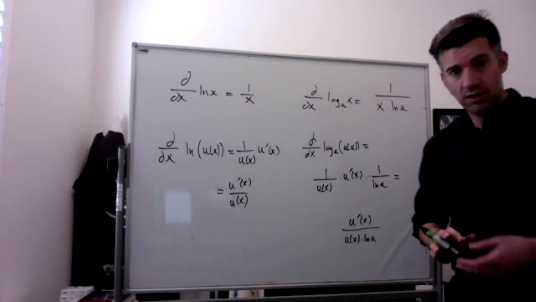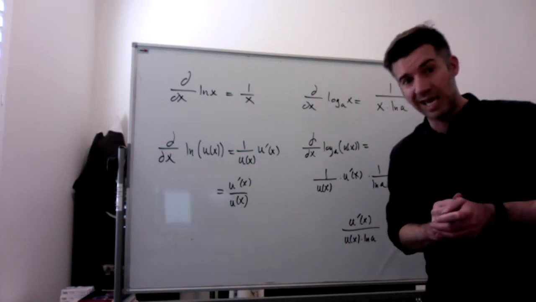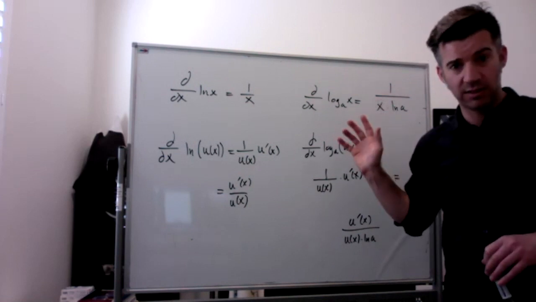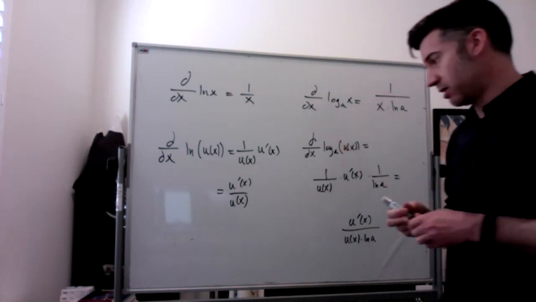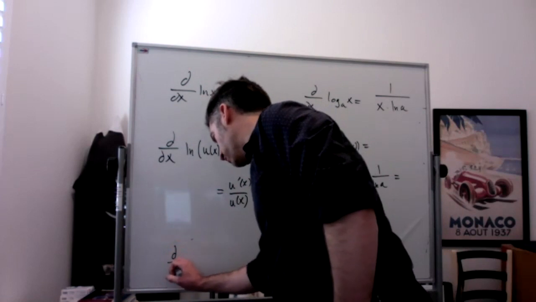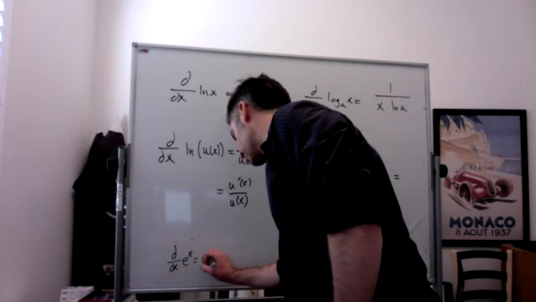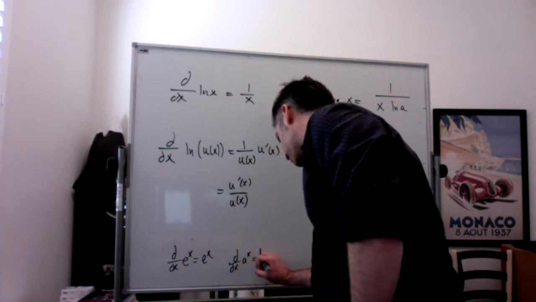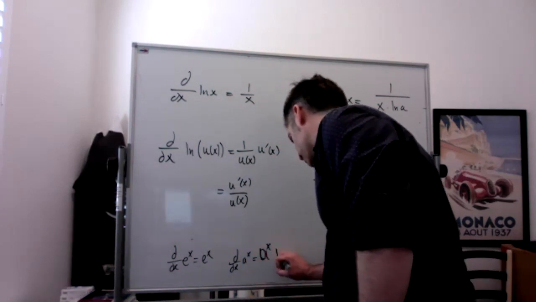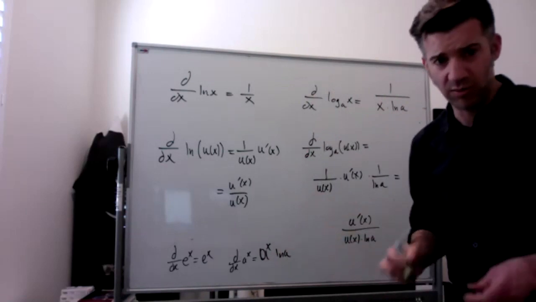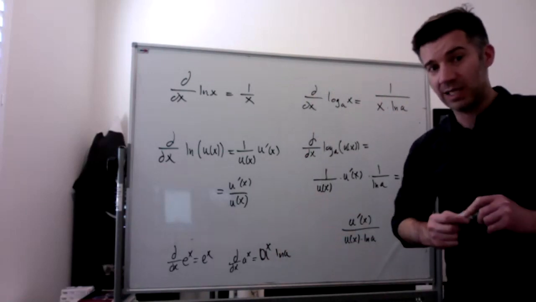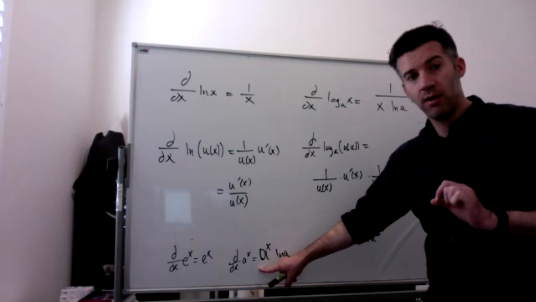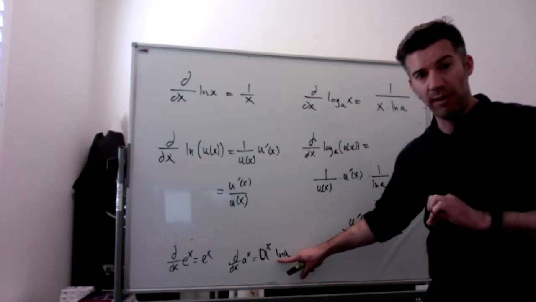Okay, so here's kind of the takeaway. For exponential functions, like the derivative of e to the x versus the derivative of a to the x, when you differentiate an exponential function with a different base, you multiply by the natural log of that base.